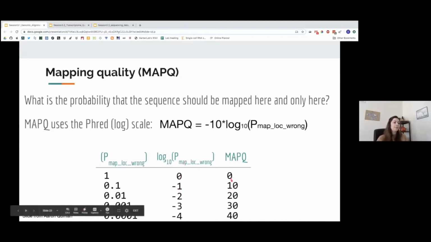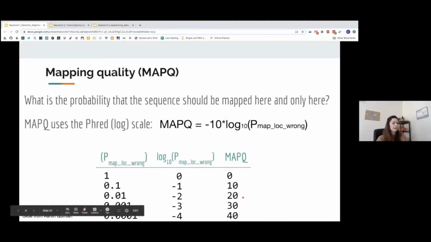So with a mapping quality of 10, it still means that you could have gotten it wrong. You have a 10% chance of having gotten that alignment wrong. So this is what we use to interpret the alignment at the end of the software.